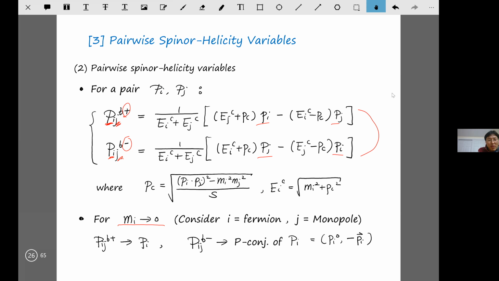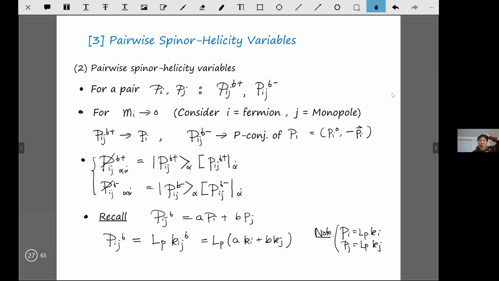In that case, the plus variable becomes the same as the fermion momenta, and the minus variable becomes the periodic conjugate of that fermion momenta. Remember there was a lambda in the massive variable and an associated eta. So the plus variable, and the minus variable in the massless fermion limit, becomes either the fermion or the conjugate of the fermion momenta. That's why you want to remember this.